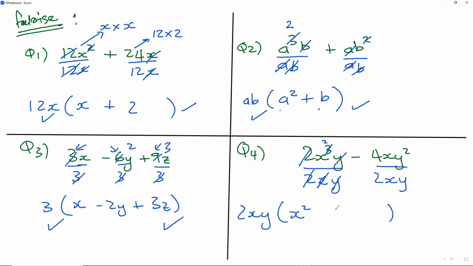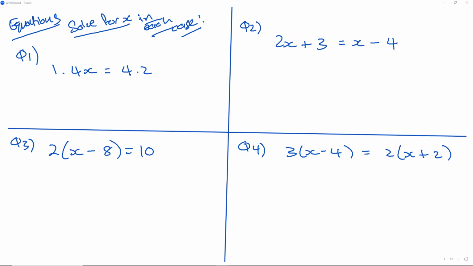Y goes into y, cancels out completely, so minus now. 2 goes into 4 2 times, so we put that 2 there. X cancels out, so it disappears. Y goes into y squared, just y. We're left with 2y. Alright, and that's going to be some factorization.